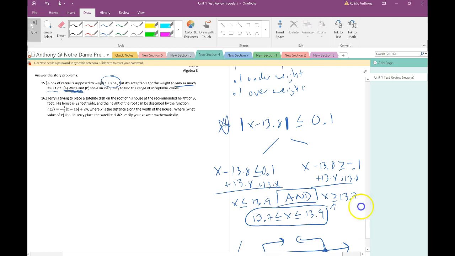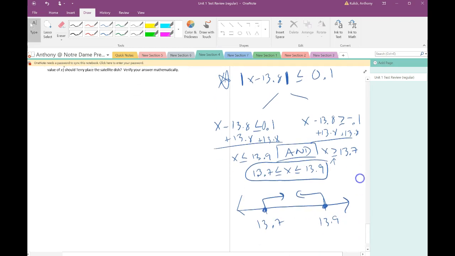Because the two arrows are pointing towards each other. So I plotted x is less than 13.9 on this one, and this one over here is x is greater than 13.7, and so they point together. The "or" one looks like this.